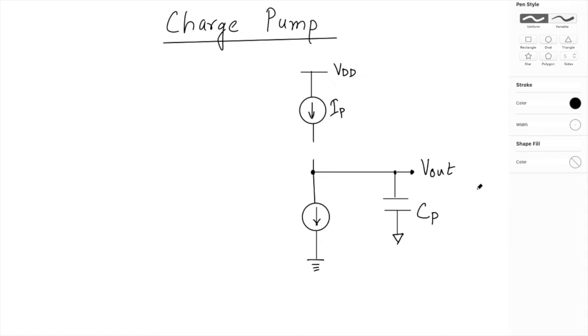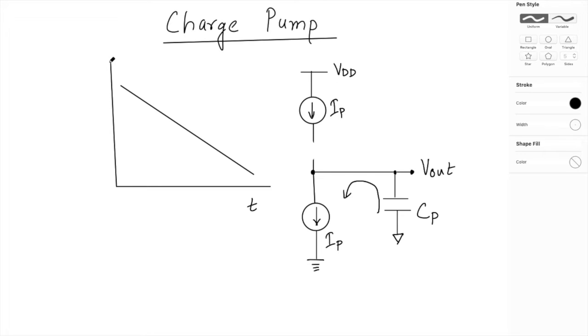Initially maybe it has some voltage and some charge stored, and if I pump this charge out with a constant current IP, we'll see that again the integration is happening but in a reverse way. If I plot V out, V out is going to decrease linearly. So this is pumping out the charge.